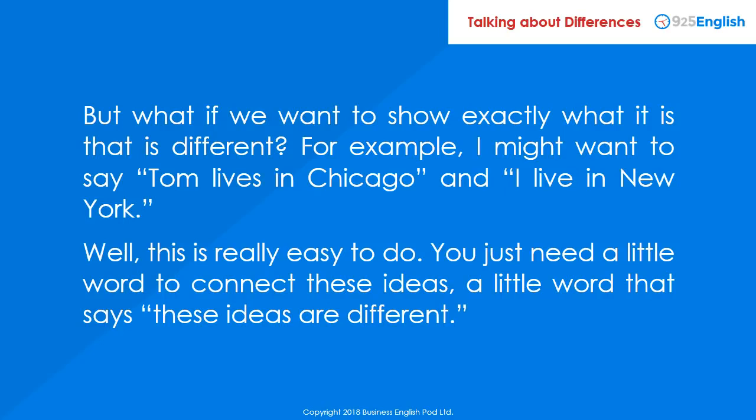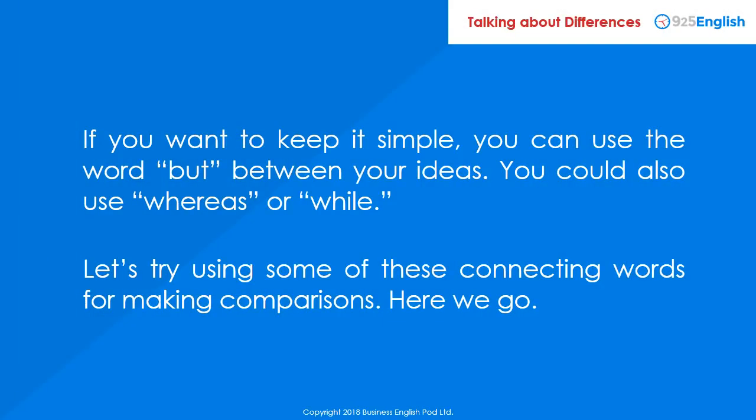A little word that says, these ideas are different. If you want to keep it simple, you can use the word but between your ideas. You could also use whereas or while. Let's try using some of these connecting words for making comparisons. Here we go.